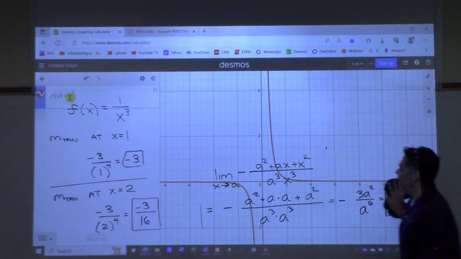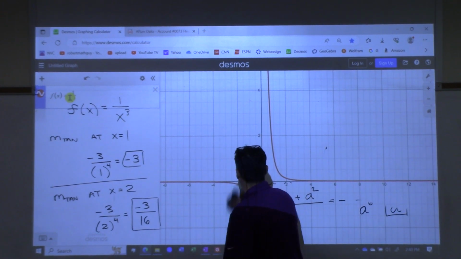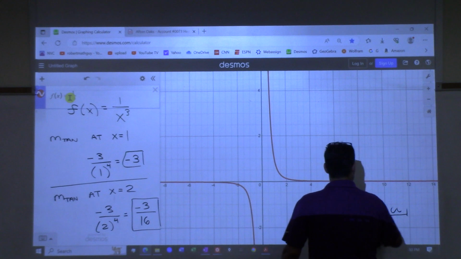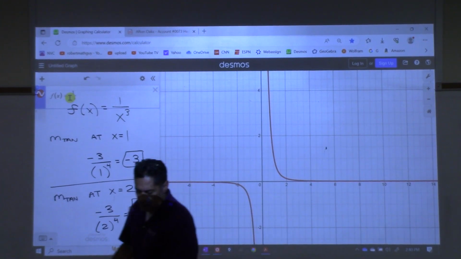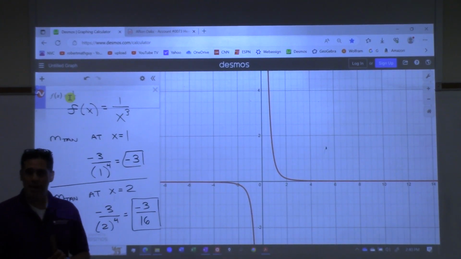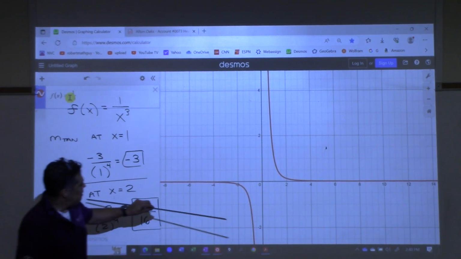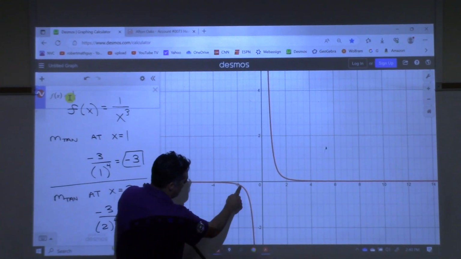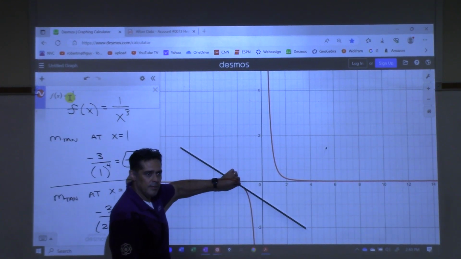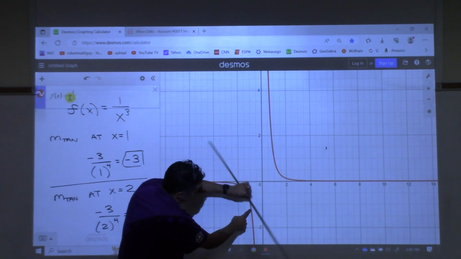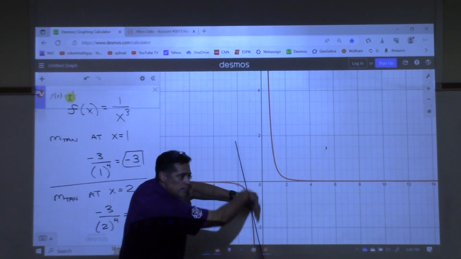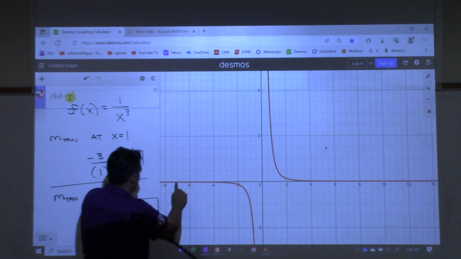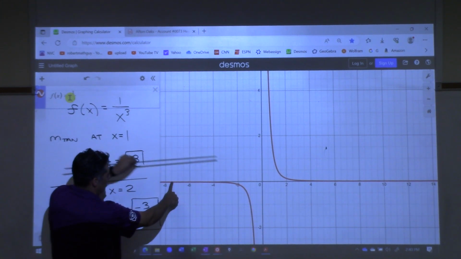Look at the graph. There's the graph of 1 over x cubed. Do y'all see that if you go anywhere on this graph, the slope of your tangent line is negative no matter where you are? I think it's obvious right here. If I go to that point, the slope of the tangent line is negative. What about this point? Negative slope, right? How about way over here? It's hard to see, but that's negative.